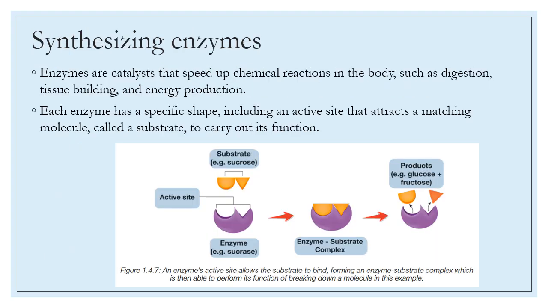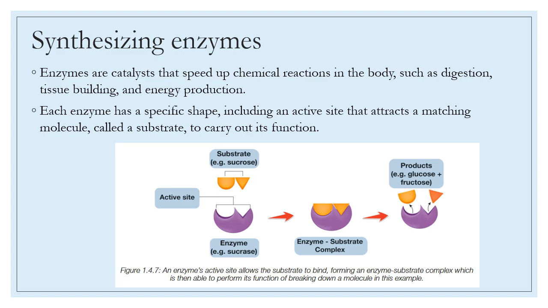Enzymes are catalysts. They speed up a chemical reaction in the body, such as digesting the tissues, which are the building blocks of our body, and providing energy. Each enzyme has a specific shape, which includes an active site. So this is an enzyme, and it has these little divots, which we class as active sites, and they attract a different type of protein called a substrate.